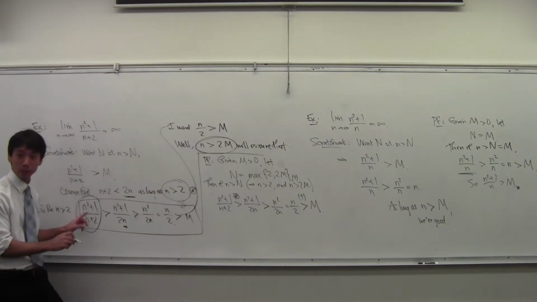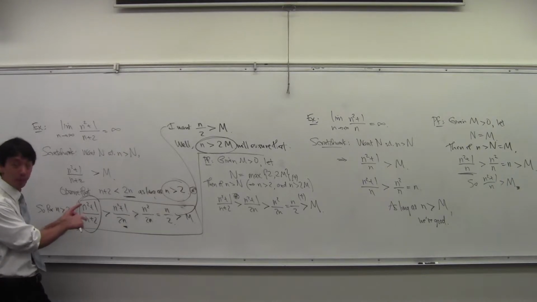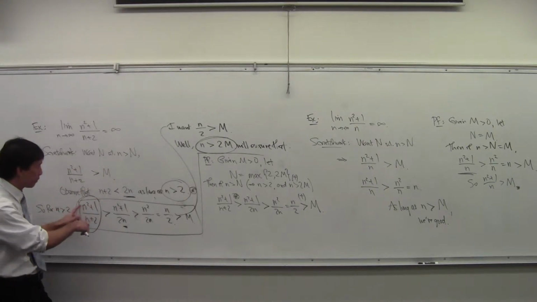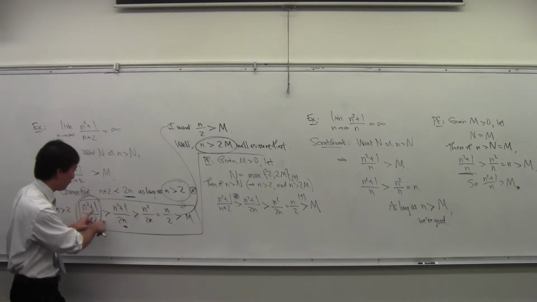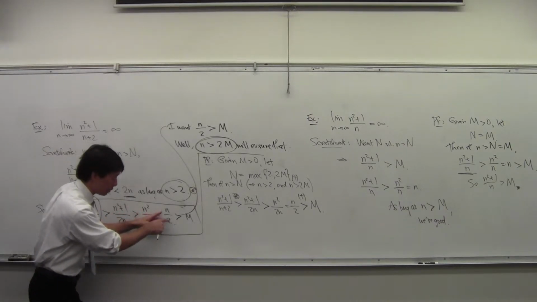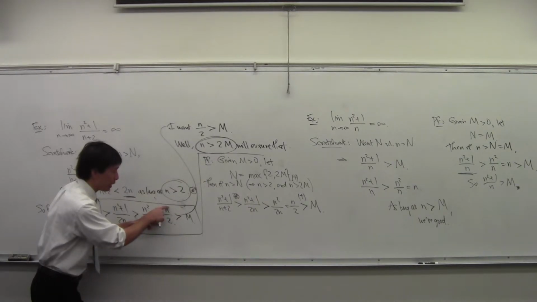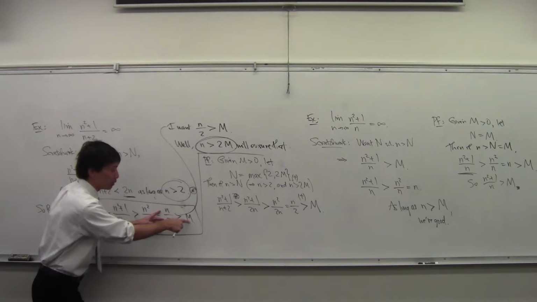This is our goal: to make this thing bigger than m. Somebody gives us a bar, and we want to make this thing over the bar always. In order to make this thing bigger than m, what we need is that little n has to be bigger than 2m.